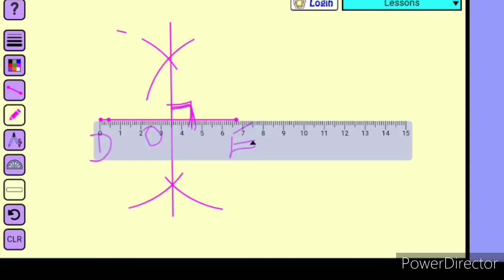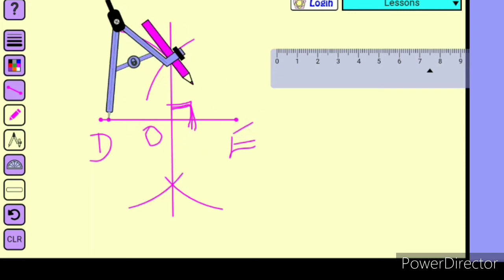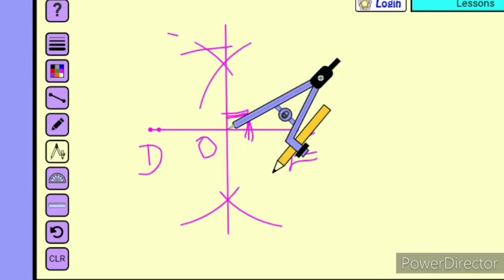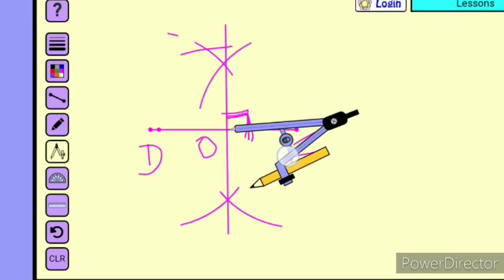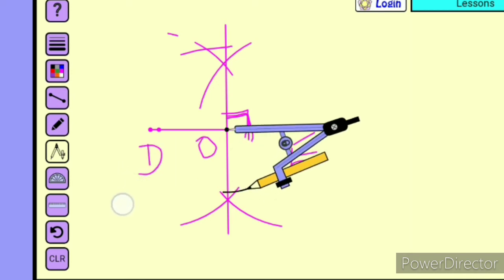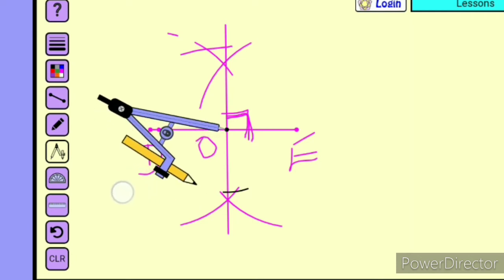Now adjust the compass to 2.8. With O as center, we should cut the perpendicular line.